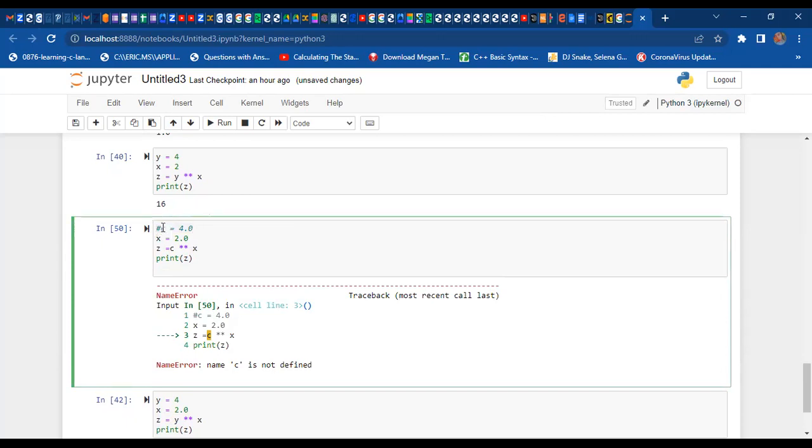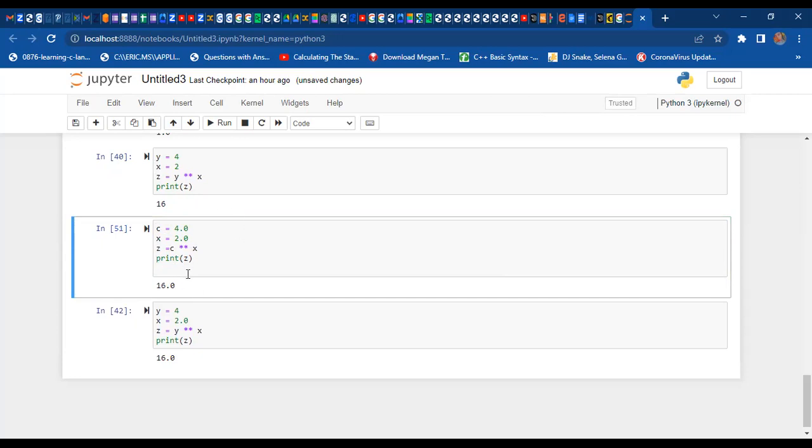So Python does not recognize comments? Yes, it ignores comments. Anything that comes after the hashtag is a comment. Let me do M, and then I do a hashtag.